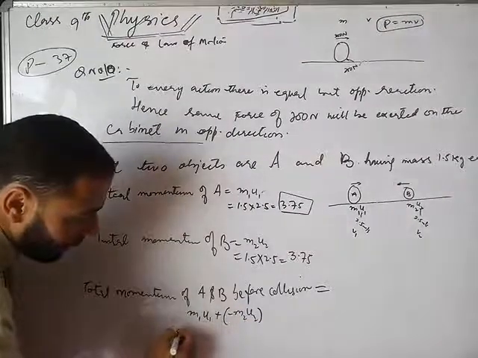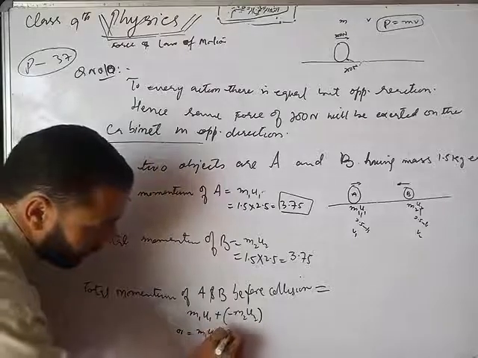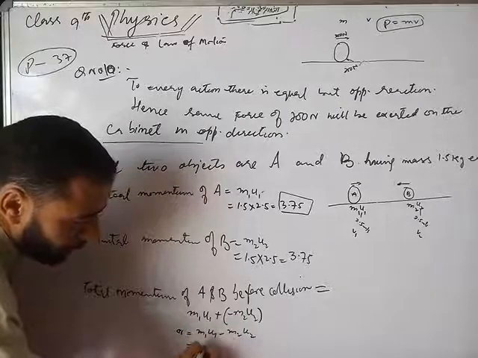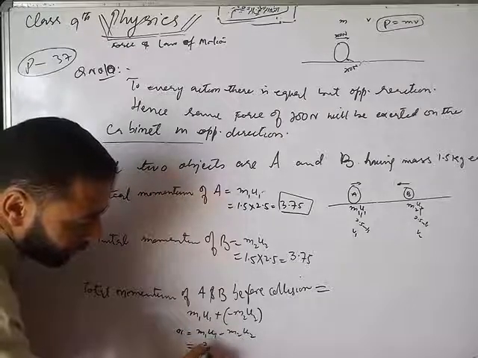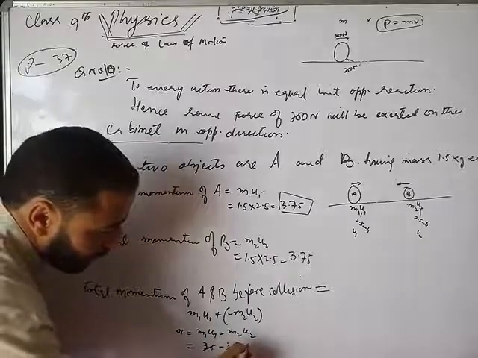That will be m1u1 plus into minus m2u2. शाबाश. m1u1 is 3.75, minus 3.75, that is equal to 0.